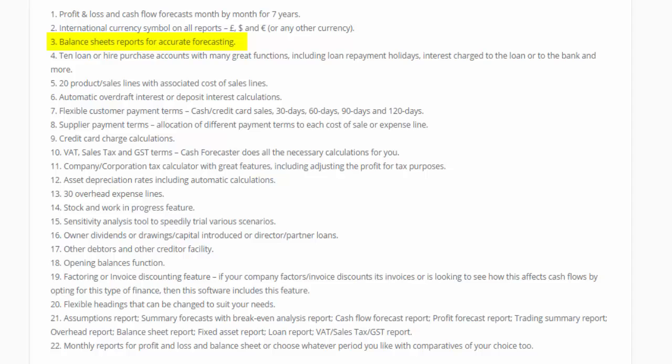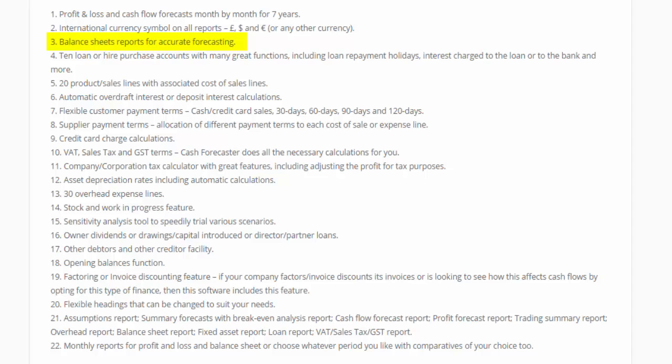And within Cash Forecaster we have balance sheet reports at the end of each period, including the opening balances. You can put in the opening balances if you're an existing business. Of course, if you're a new business just starting out, then you won't have opening figures. And the balance sheet will show you that everything balances between the cash forecast, the profit and loss, and everything else works within your reports.